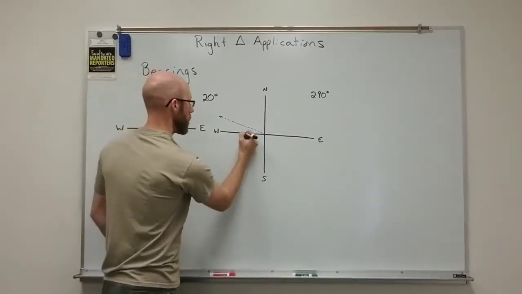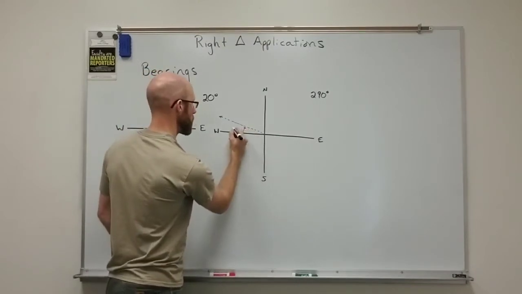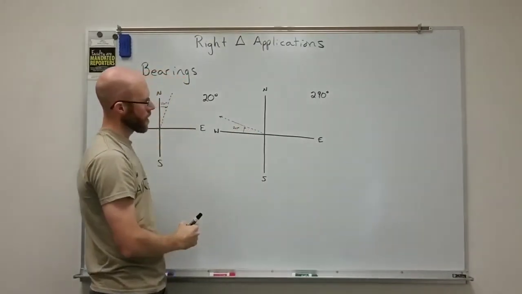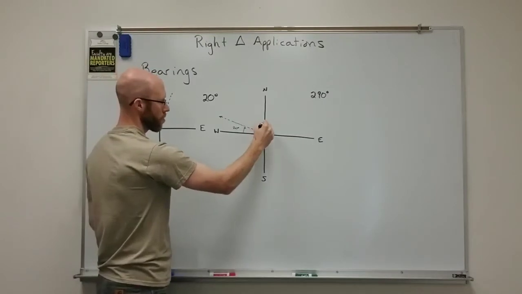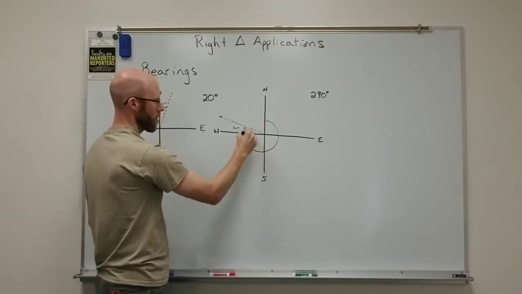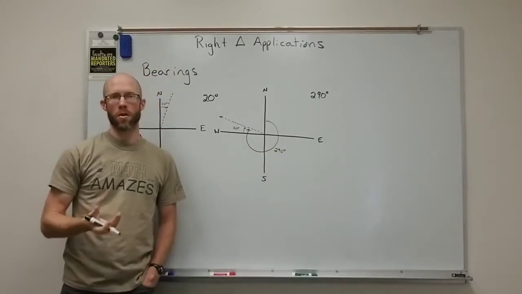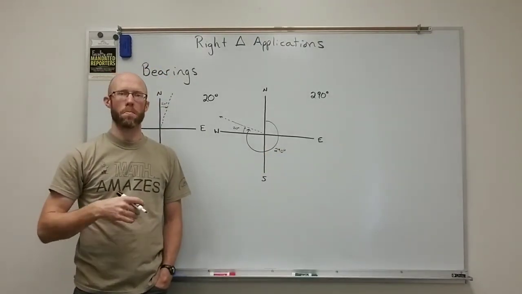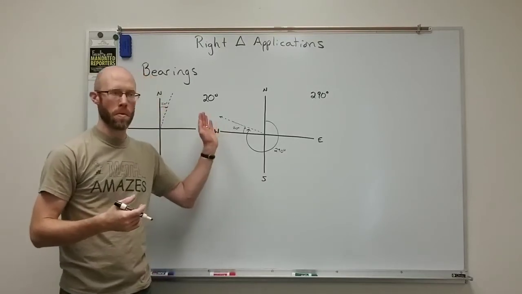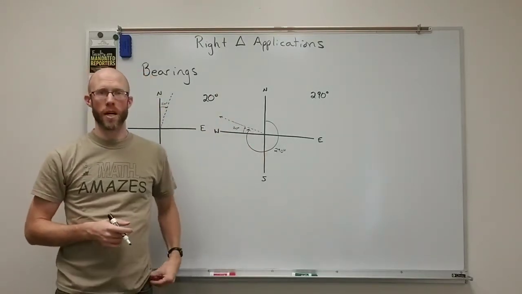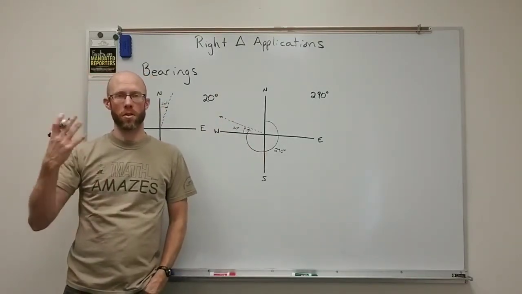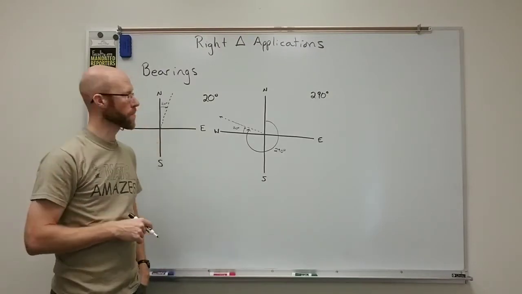So this would be a 20-degree angle coming up from the west, but all the way around, that would be 290, okay? So it's a bearing of 290 degrees. So the bearing is always represented by a clockwise rotation from the northerly direction, okay?